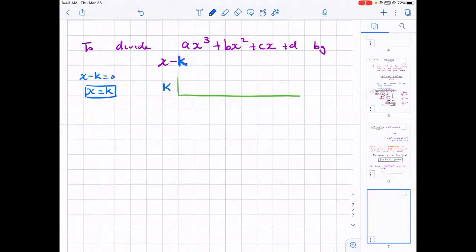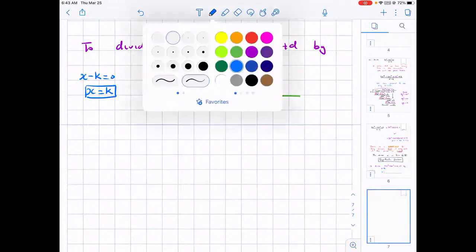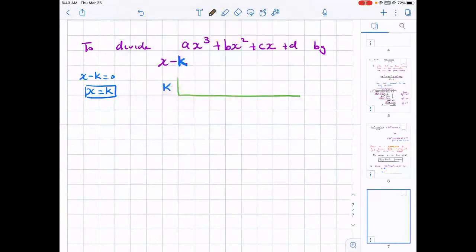Now on the inside here, we will use the coefficients a, plus b, and we take the signs with them, c, and then plus d. So if it's a negative, we have to put the negative there.